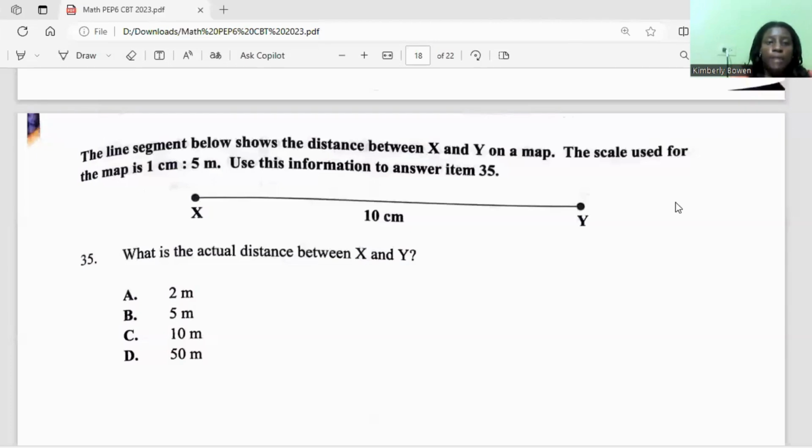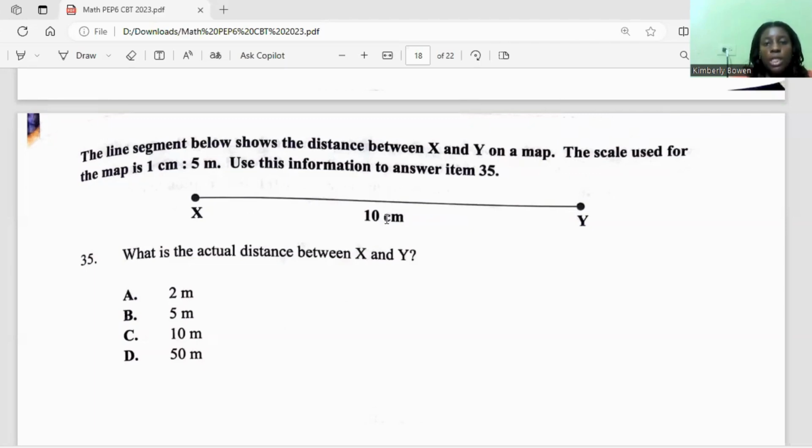Let's look at 35. The line segment below shows the distance between X and Y on the map. The scale used to represent the map is 1 centimeter to 5 meters. What is the actual distance between X and Y?